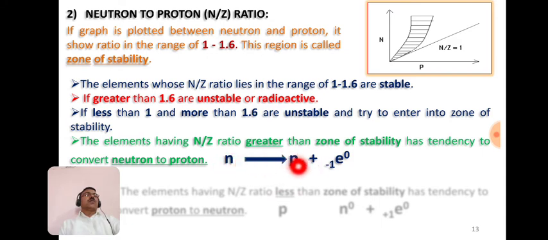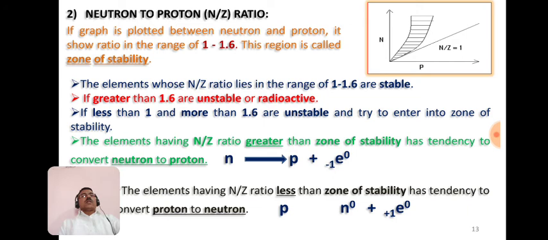Here the neutron is converted into a proton by the emission of this electron, or we can say the beta particle. Now if the elements have n by z ratio less than the zone of stability, they have a tendency to convert proton to neutron, and it is shown by this equation: proton gives neutron and there is emission of one positron.